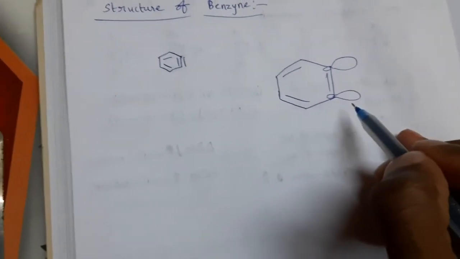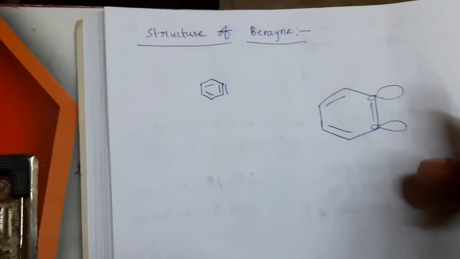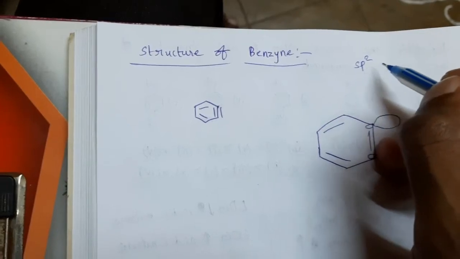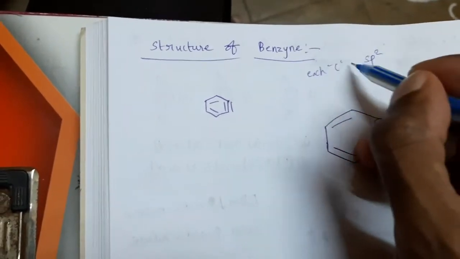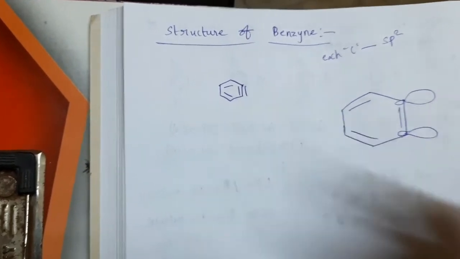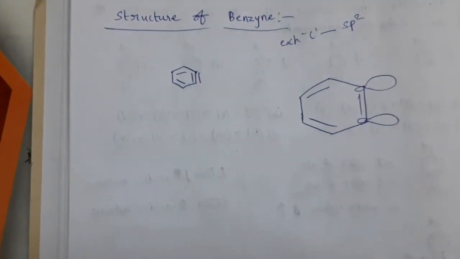This is the structure of benzyne. In benzyne, each carbon atom undergoes sp2 hybridization. Similarly, in benzene also each carbon atom undergoes sp2 hybridization.